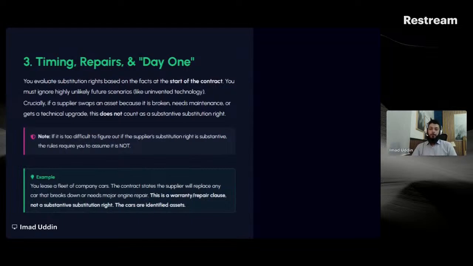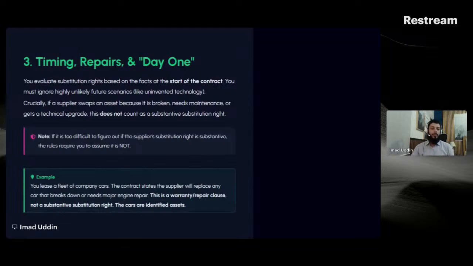Okay, now you have to further evaluate whether those substitution rights exist or not. So you evaluate the substitution rights based on the facts at the start of the contract. So you must ignore highly unlikely future scenarios like uninvented technology. So if a supplier swaps an asset because it's broken, needs maintenance, or gets a technical update, this does not count as a substantive substitution right.